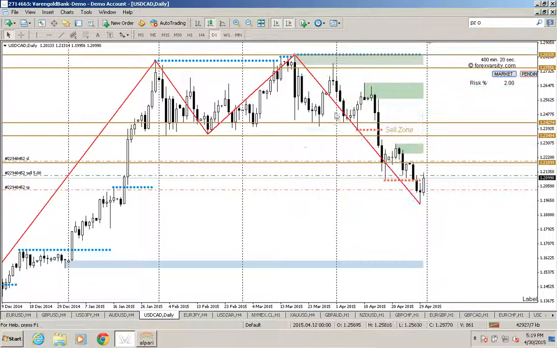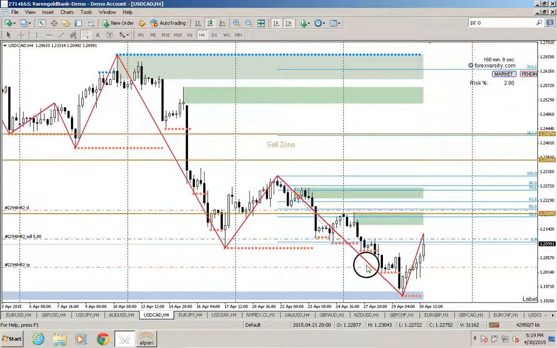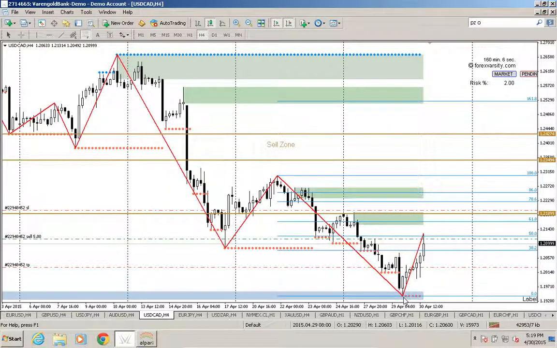Let's just delete that one. Let's go down to 4 hours. On 4 hours, we'll be looking to use the Fibonacci to sell, most recent high, most recent low, A to B, and we see our 61 is not on an important level, but we do see some consolidation on it.